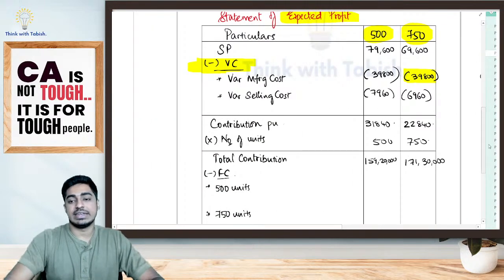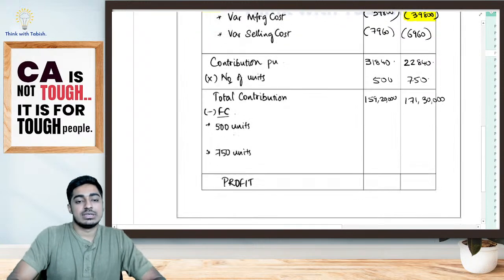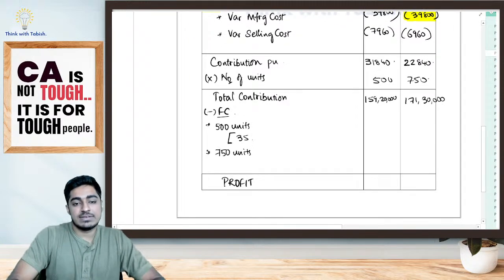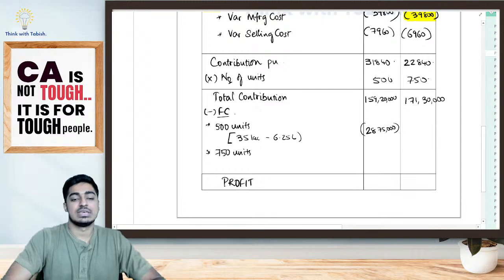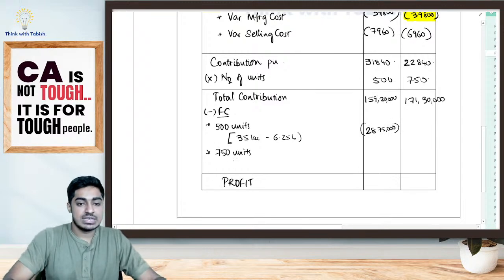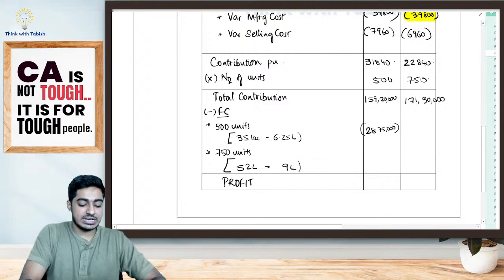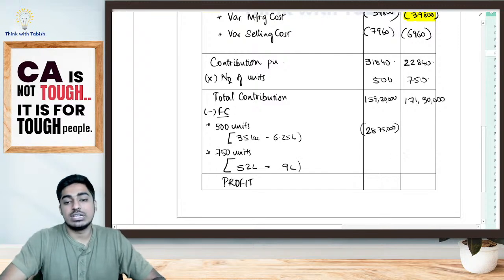So we will tell the net fixed cost is 35 lakh minus 6.25 lakh, that is 28 lakh 75,000 rupees. And if I am selling 750 units, initially I have to pay 52 lakh, but at the end of it I will be getting 9 lakh. So my net depreciation will be 43 lakhs.